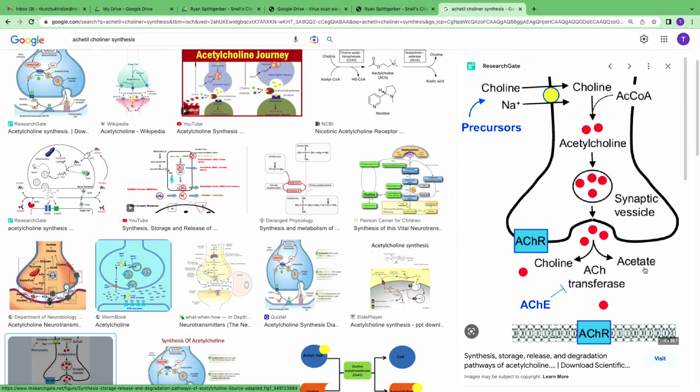And regarding the acetate, if you remember from Body System 1, acetate is a precursor for acetyl-CoA, and it will go into biochemical reactions like the Krebs cycle and so on. Right? Questions regarding this?